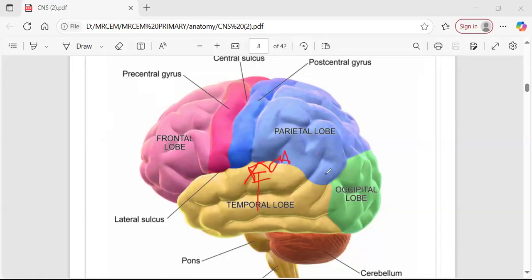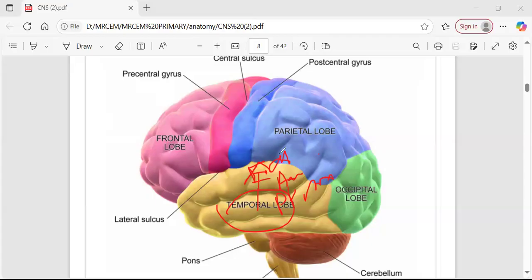Always remember there is a primary auditory cortex lying in the temporal lobe, so it's controlling the auditory sensory system. Because it's lying near the ear, you can remember easily.